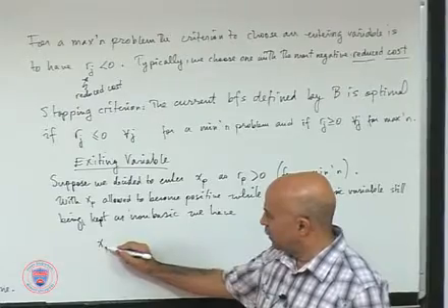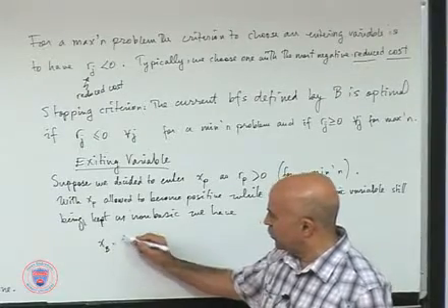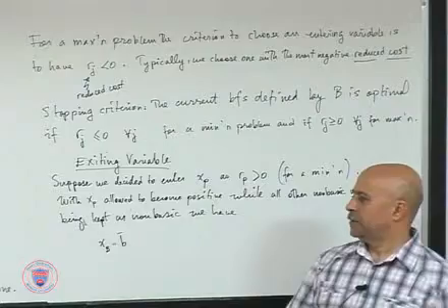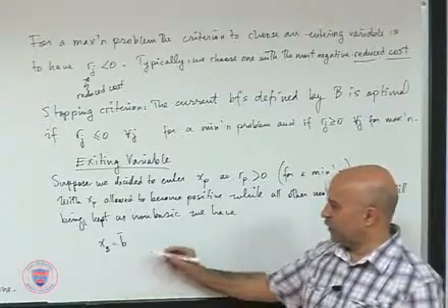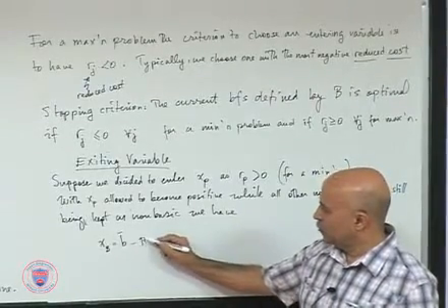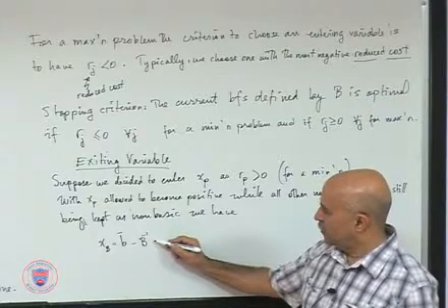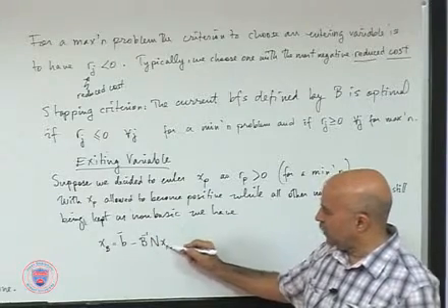What was xB? xB was equal to the current vector b bar minus B inverse N times xN. That was the equation.